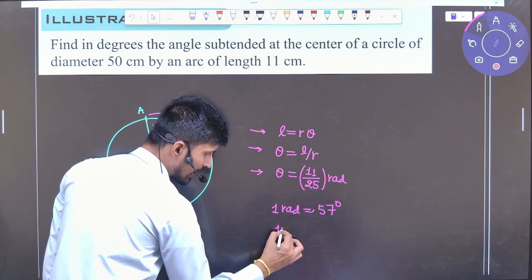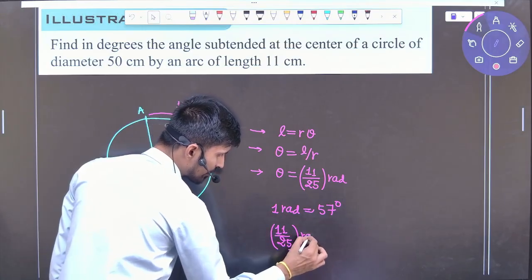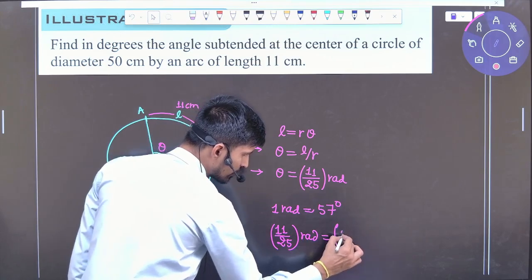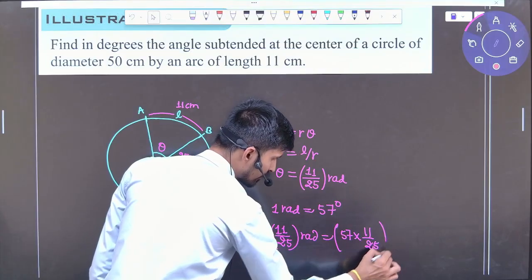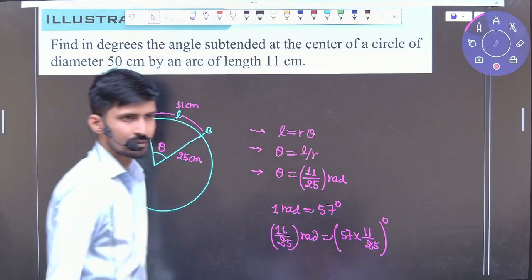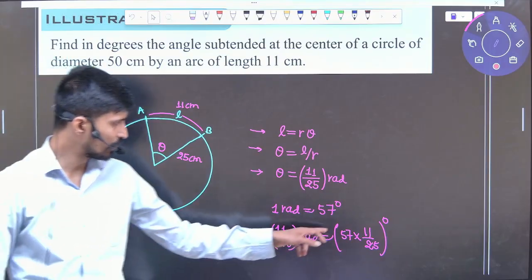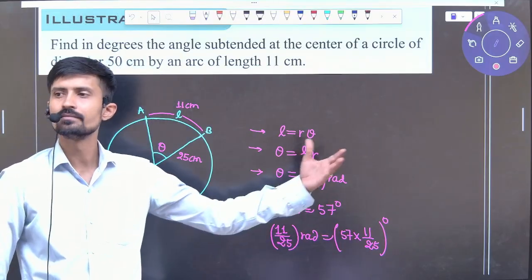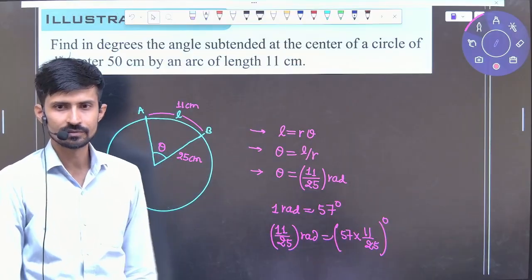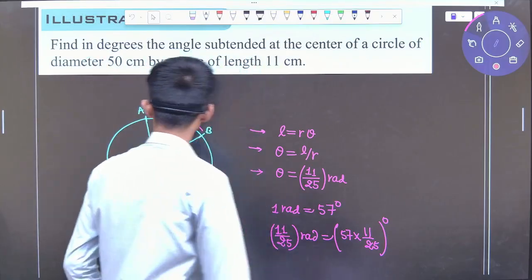So this will become 11 by 25 radian is equal to 57 into 11 by 25 degree. Now you can do the calculation, division and multiplication and all. So 57 into 11 you will do. You will divide by 25. You will get in degree. Write down.